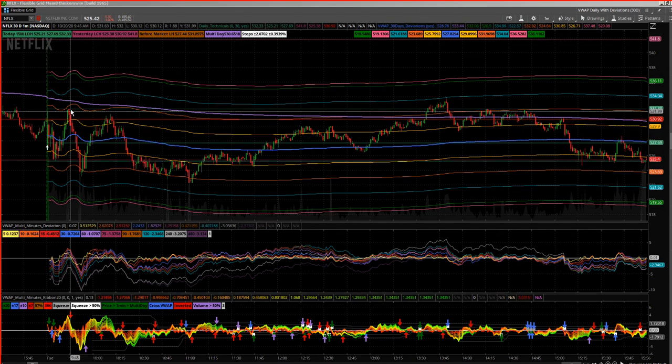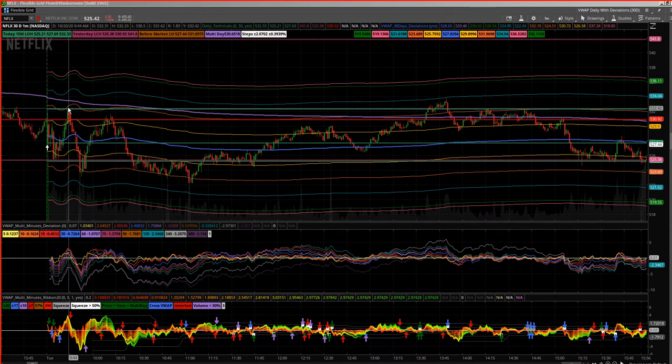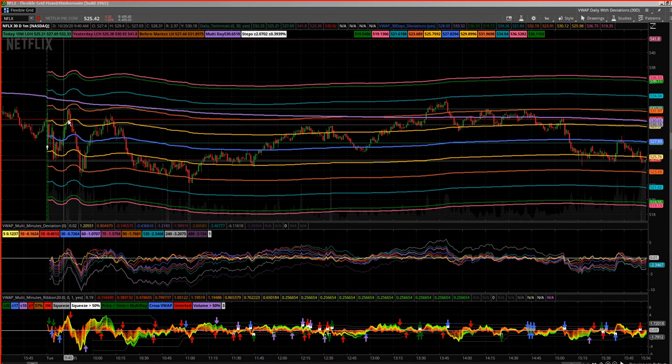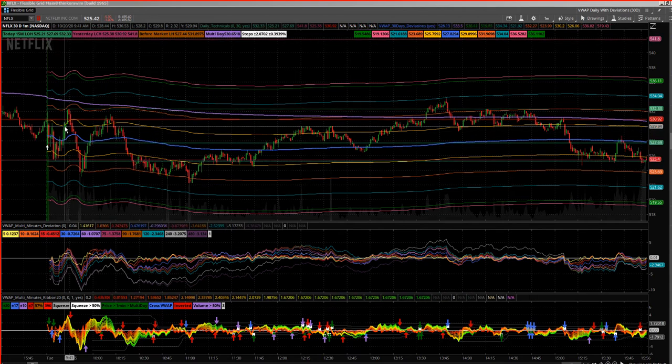And you can see over here it touches almost all the way up to the second offset before breaking back down. And if you use a one band trailing stop, you'd be stopped out right under the first band.